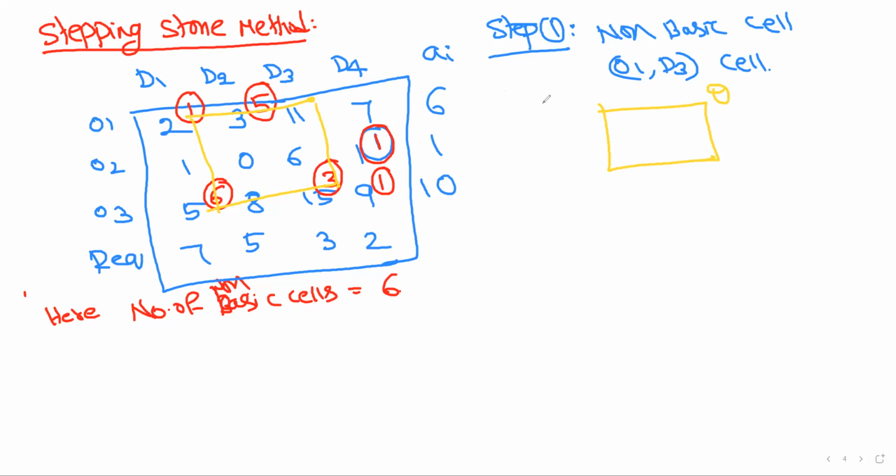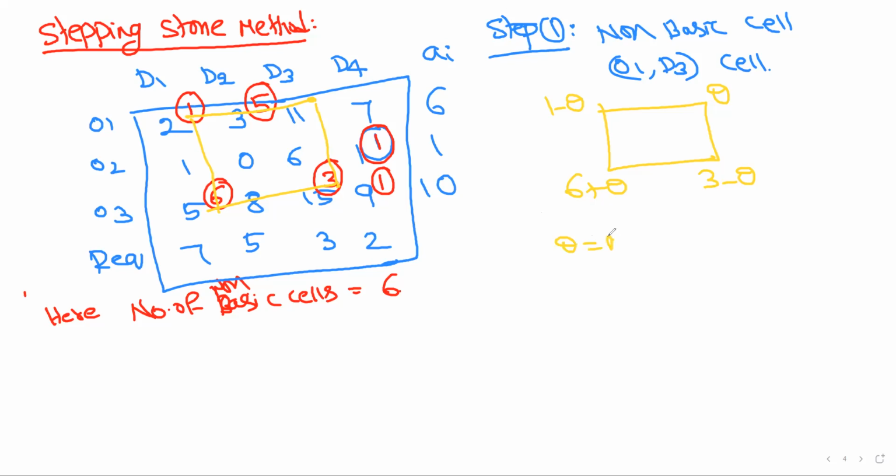Here on the boundary we have 1 minus theta, down 6 plus theta, and here 3 minus theta. On the boundaries we have to allocate plus theta and minus theta alternately.